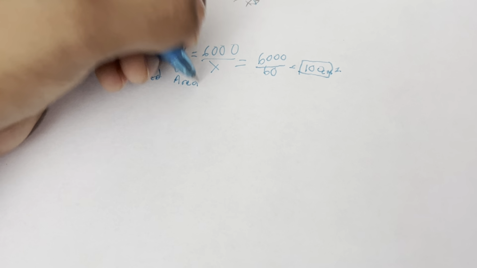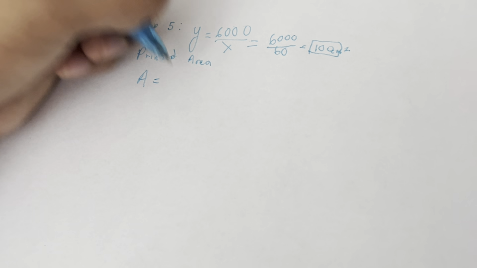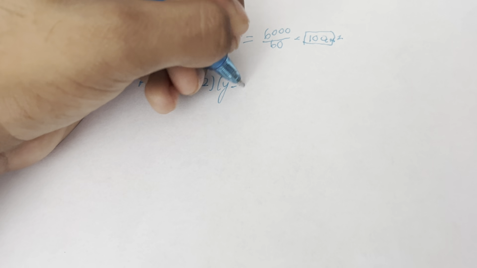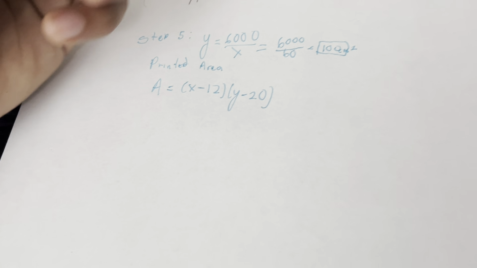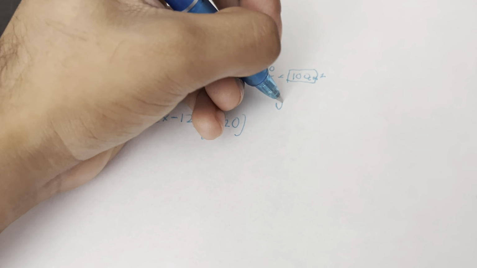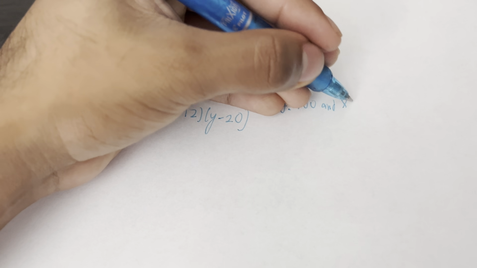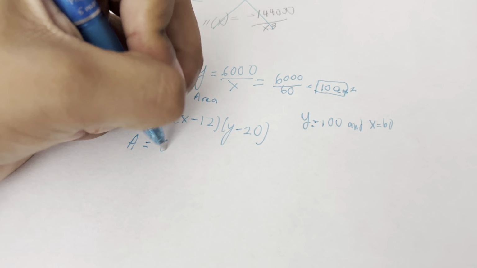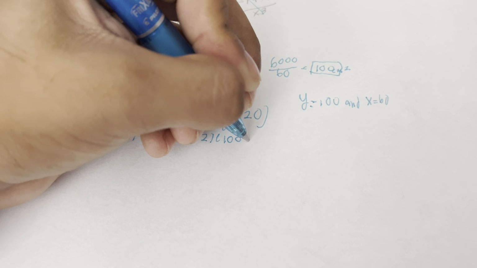We will need to use the equation x minus 12 times y minus 20, the regular equation that we used. Now that we found y equals 100 and x equals 60, we could plug those in: 60 minus 12 and then 100 minus 20.